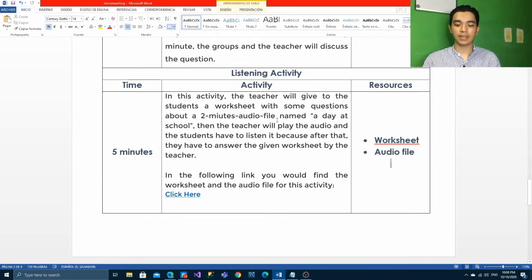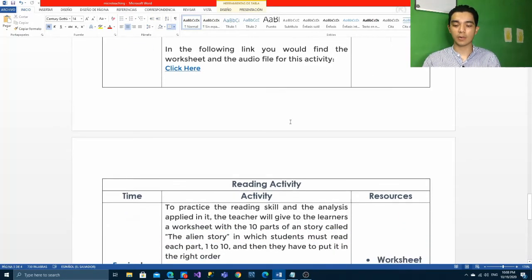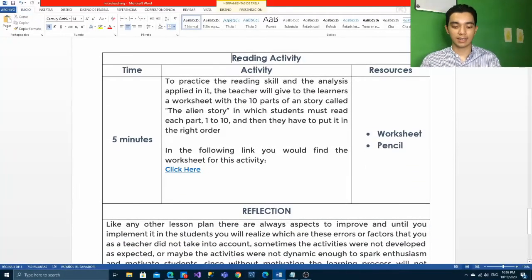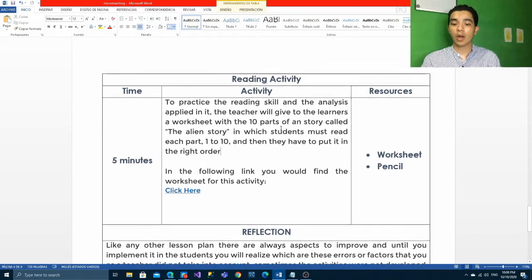Then we have the last activity, that is the reading activity. The duration of this activity is 5 minutes. In this case, it's about practicing the reading skills and the analysis applied in it.